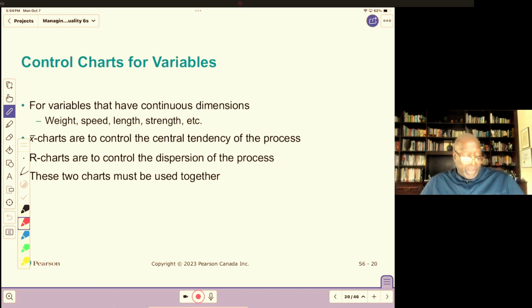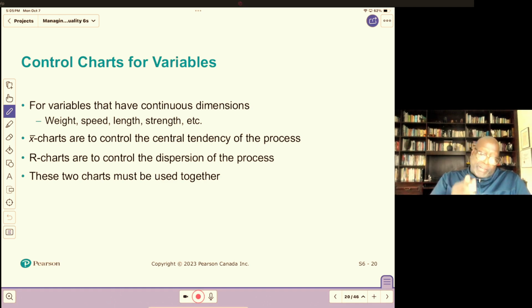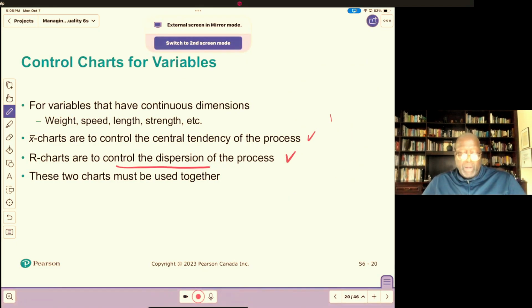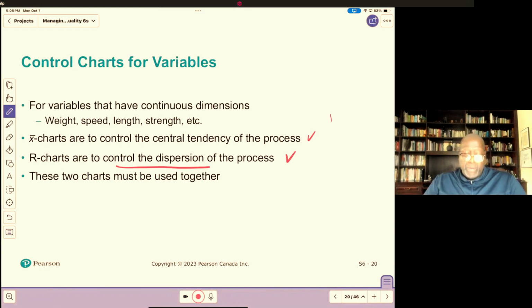So let's get to the control charts for variables. We have continuous dimensions such as weight, speed, length, strength, and all those sorts of things. An X-bar chart is one of the charts that we use to monitor the process mean, and we use an R chart to measure or control the spread of the data.